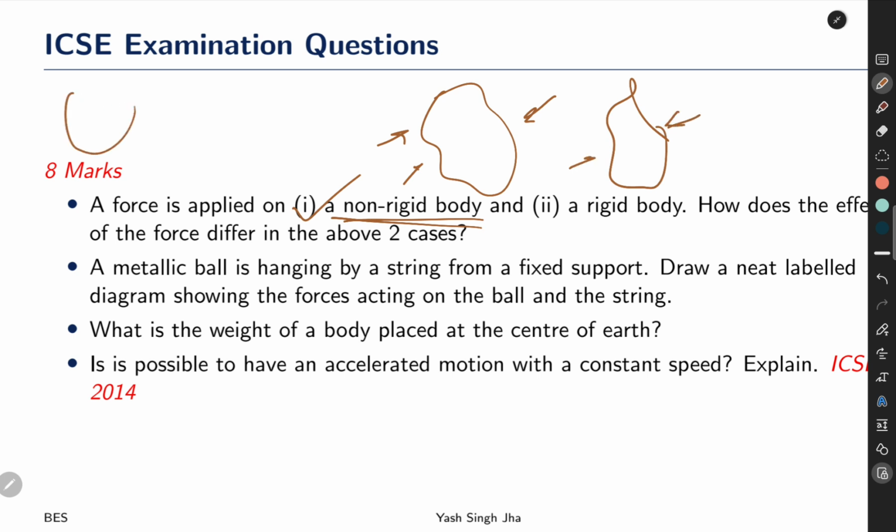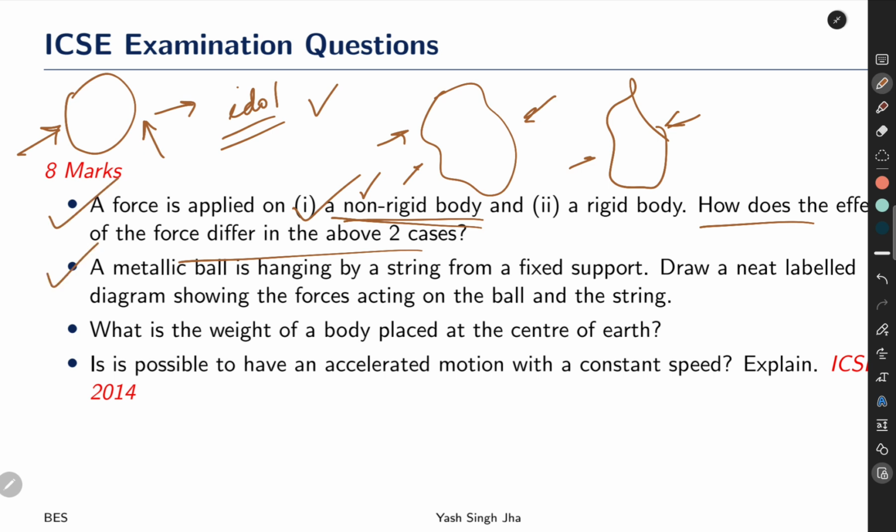Just like when mud is turned into an idol, force can change the shape of the mud to produce a beautiful idol. So the mud is a non-rigid body. In a rigid body, there is no change in dimensions. In a non-rigid body, there is a change in dimensions. That is the primary difference.